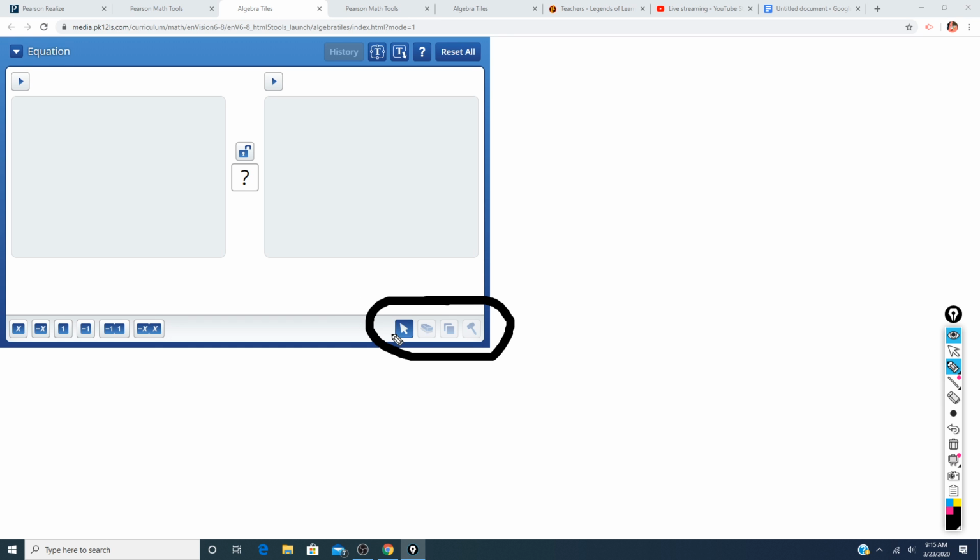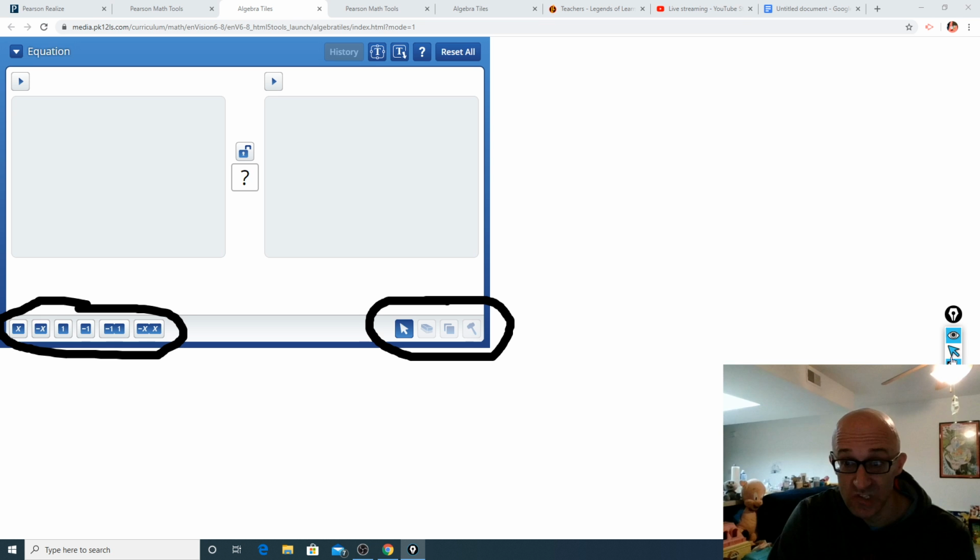You'll see down in the right-hand corner a pointer tab and an eraser tab. You'll also see down in the left-hand corner X's and negative X's and ones and negative ones. We're going to talk about solving equations with variables on both sides.